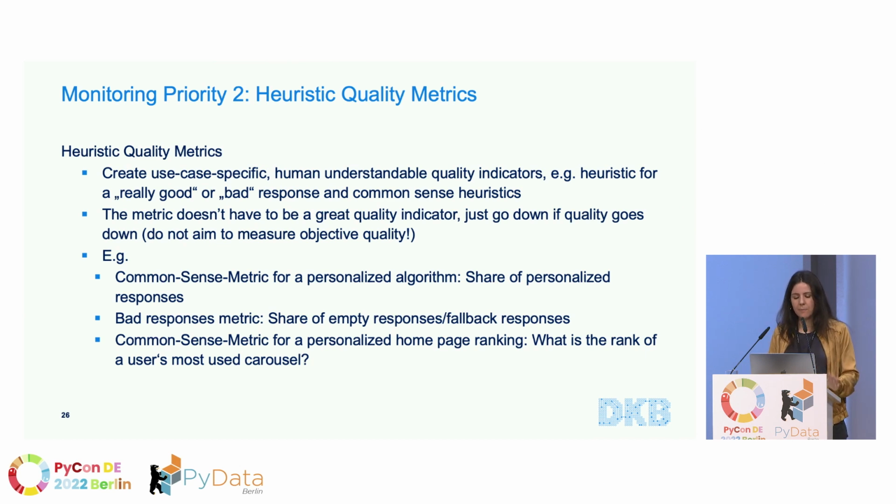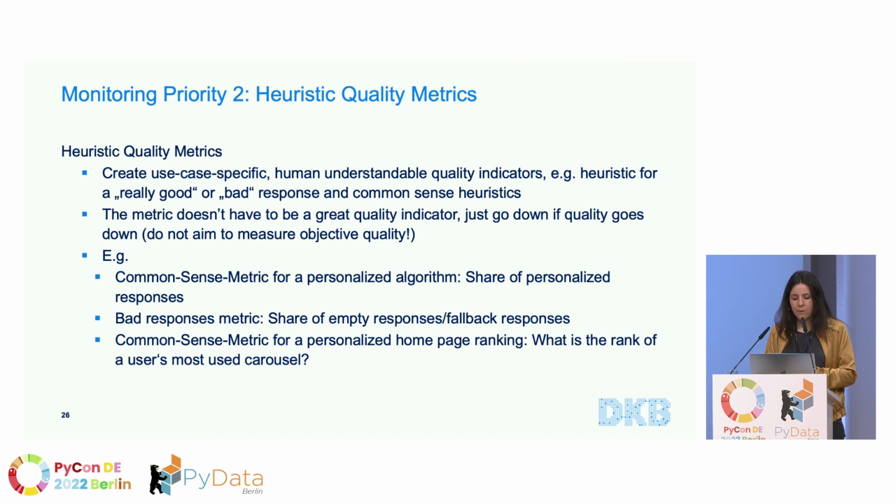I'll give you some examples. When I was at Zalando, for a personalized use case, I used the share of actually personalized responses, because maybe we don't know the user or the algorithm didn't have enough articles. A really bad response would be one with fewer articles than requested, or a fallback, like a top-selling product.